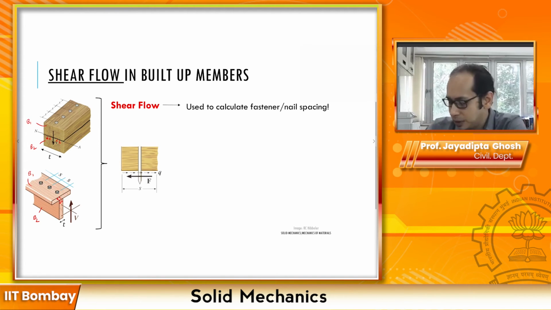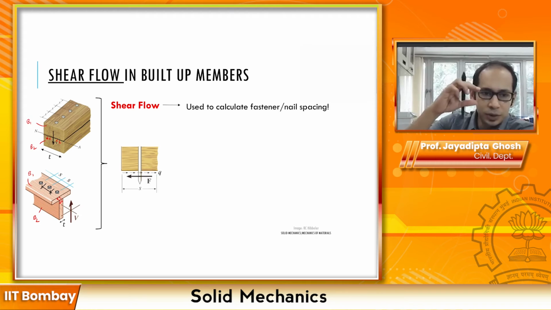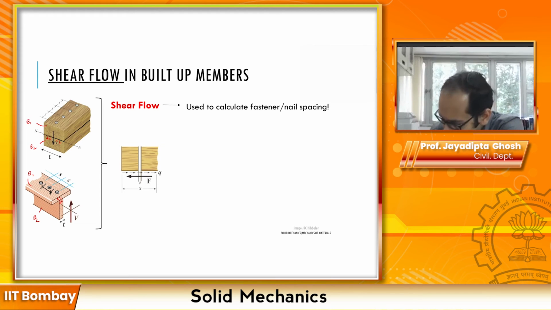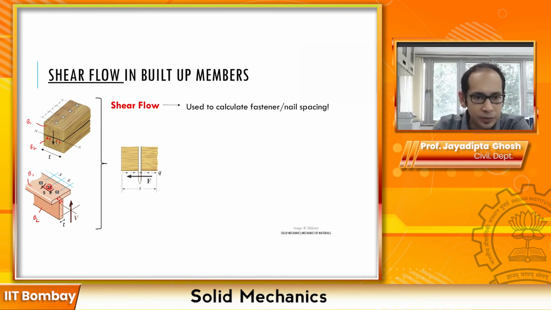If we draw this part over here, which is also s because it is center to center, each bolt, like this particular bolt, is essentially resisting the shear force acting in the region from the center between these two bolts to the center between the next two bolts, where these black lines are drawn.